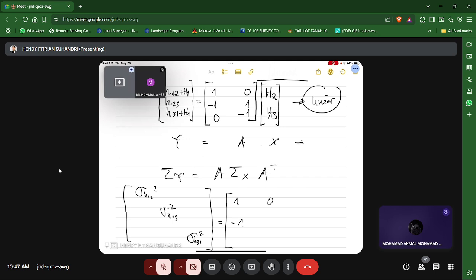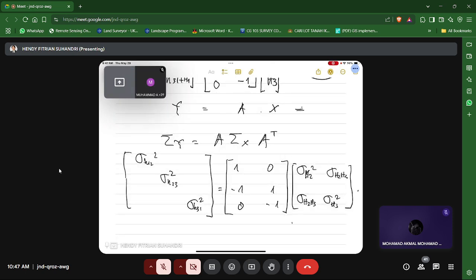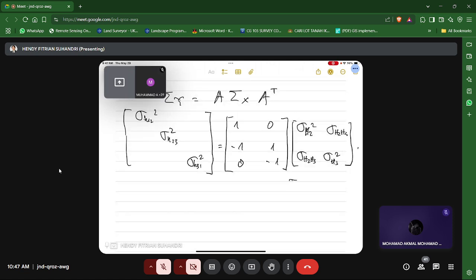A is 1 0, 1 negative 1, 1 0 negative 1, and sigma x would be sigma h2 square, sigma h3 square, and here sigma h2 h3, sigma h2 h3, multiplied with the A transpose, the same: 1 negative 1 0, 0 1 negative 1.